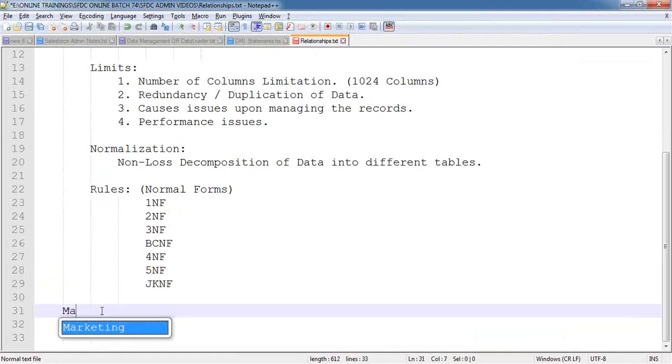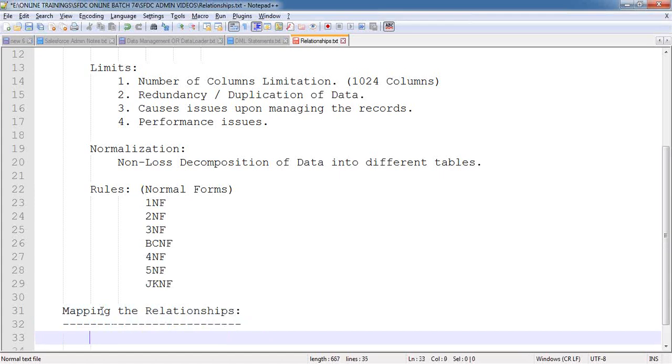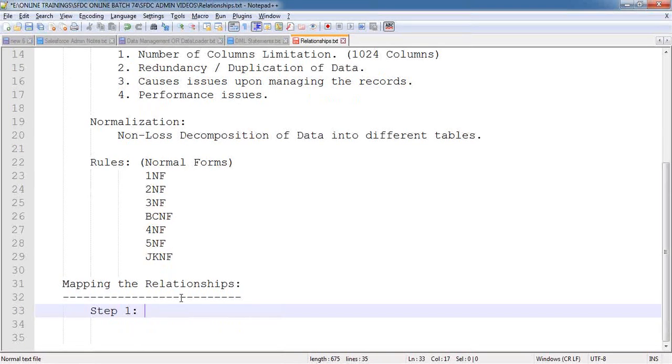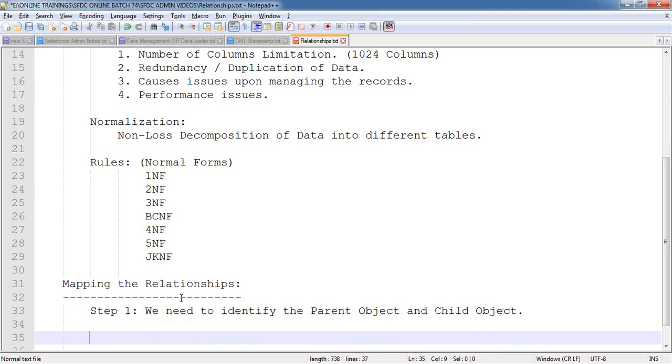Whenever you are mapping the association, that means mapping the relationships, we have to follow two rules, two steps. Now, what is step one? Step one is we need to identify the parent object and the child object.